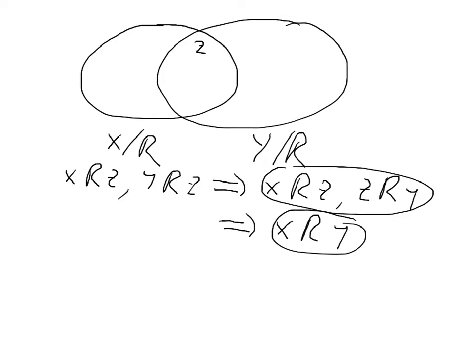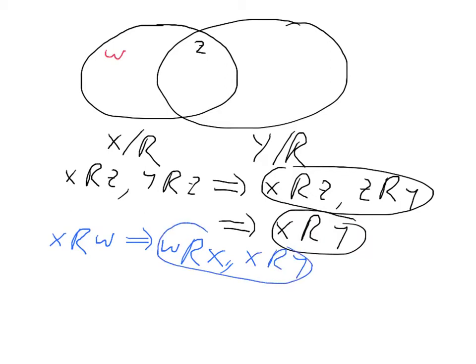Now let's give ourselves any W that lies in the equivalence class of X. So that means that X is related to W, which by symmetry means that W is related to X. But if we combine that with the fact that we wrote here that X is related to Y, by transitivity that means W is related to Y, and by symmetry Y is related to W. And that means that W lies in the equivalence class of Y. So in fact, the picture isn't quite accurate.